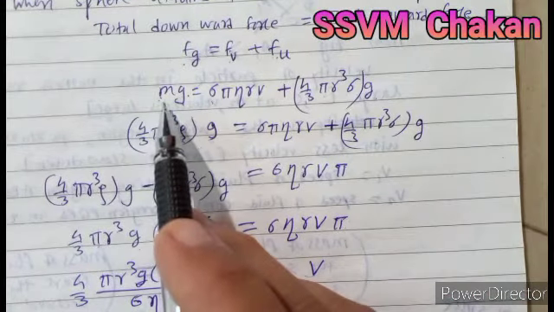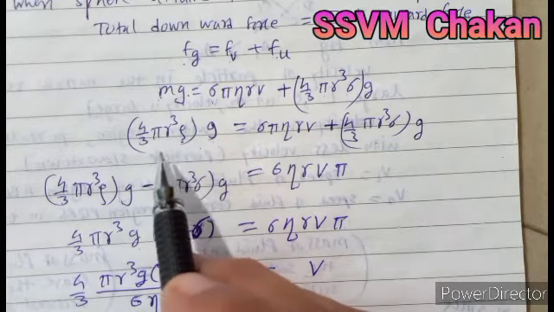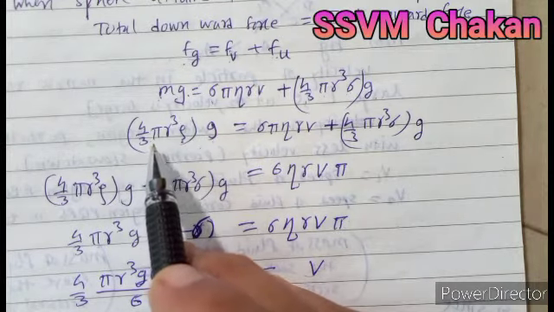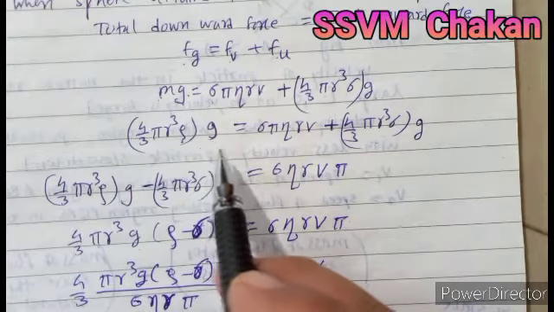Here also we substitute the mass of the sphere, that is 4 by 3 pi r cube rho into g.